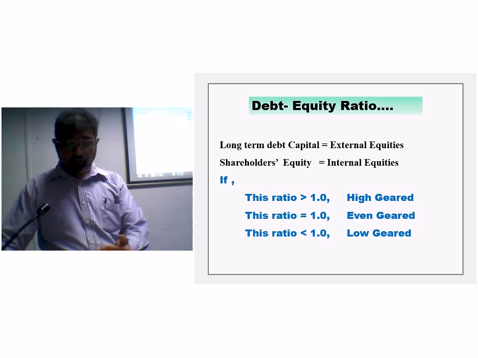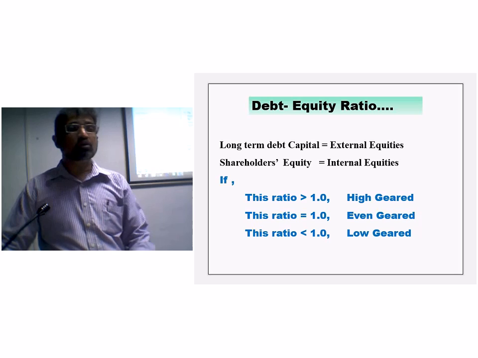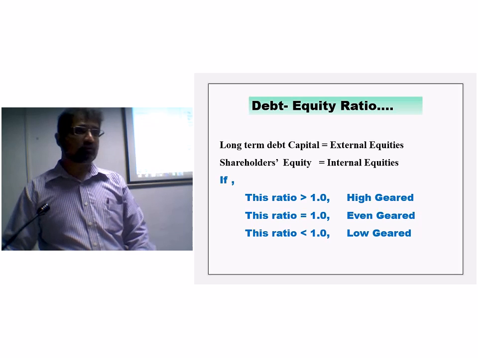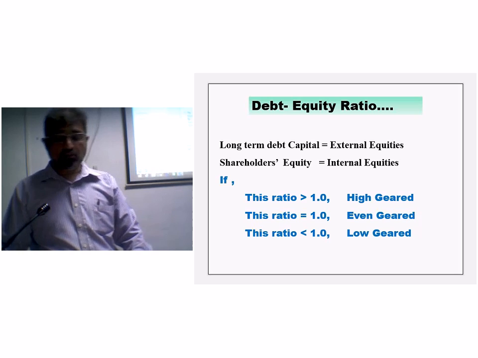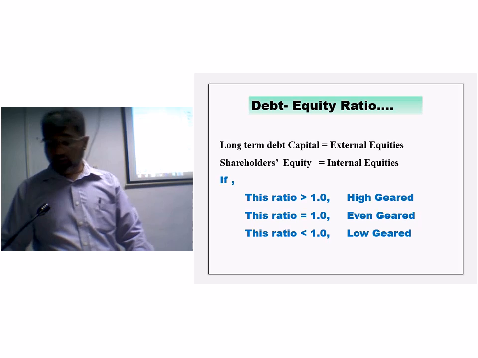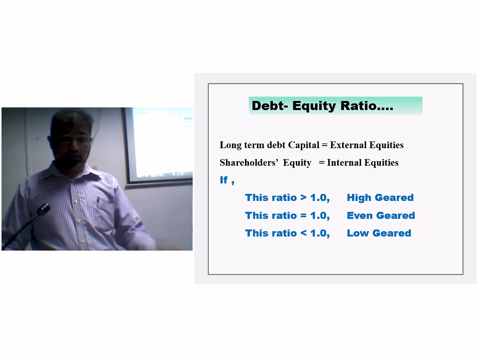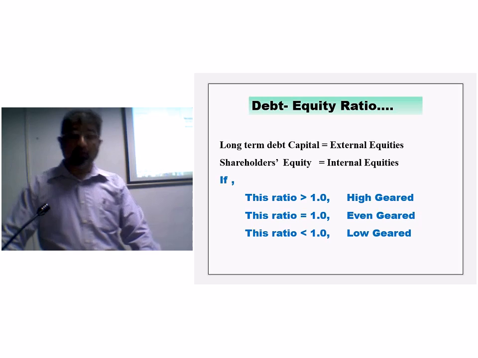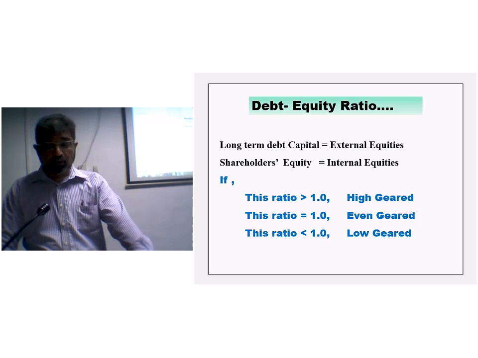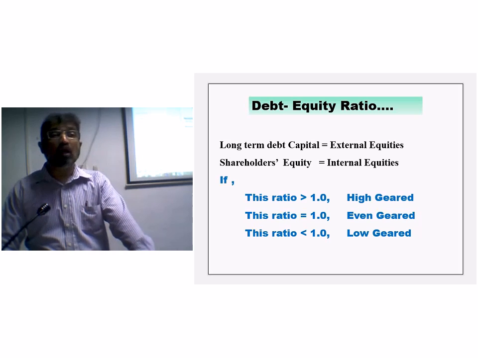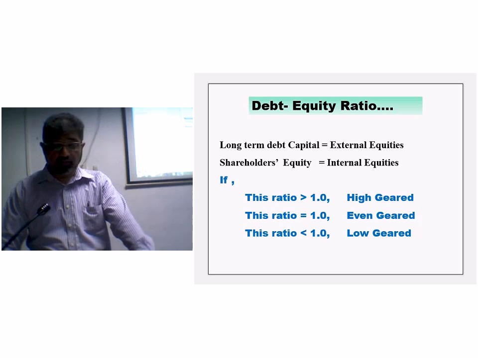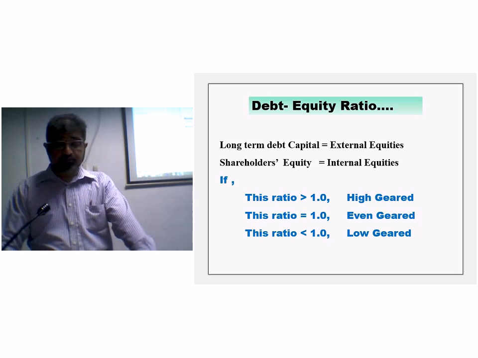Normally this value should be around 6, right? But again, it depends on the nature of the business and the availability of debtors and other credit facilities and stock facilities, right?